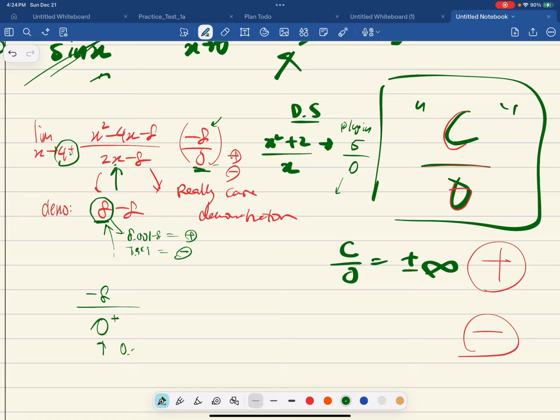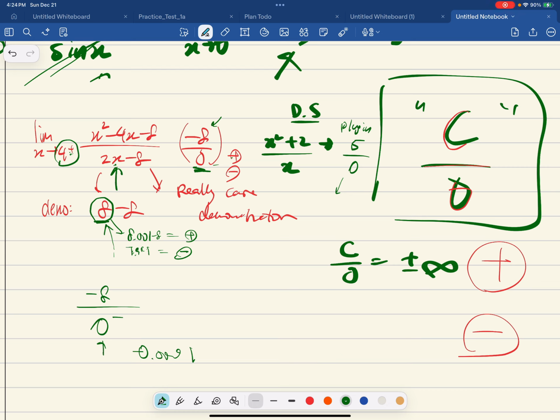So it will be a 0.00001 maybe. Again, these zeros actually exist. It's not perfectly 0. It's 0.001, 0.0002, whatever it is. If it was from the negative, if it was a 0 from the negative, it would have been negative 0.0001. Same concept, if it's a 0 coming from the left and the right, this will be 0.0001 negative, this was 0.0001 positive.